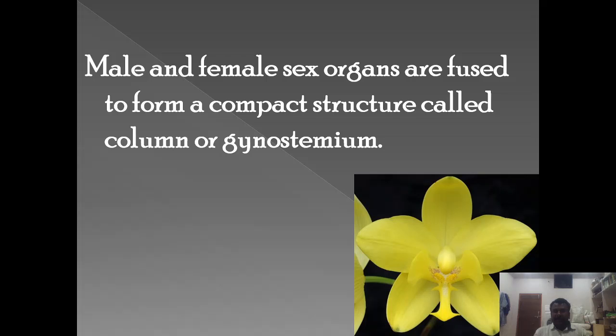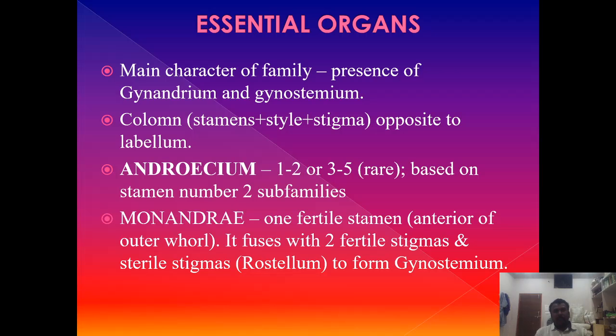The male and female sex organs are fused to form a compact structure called the column or gynostemium. The main character of this family is the presence of gynandrium and gynostemium.